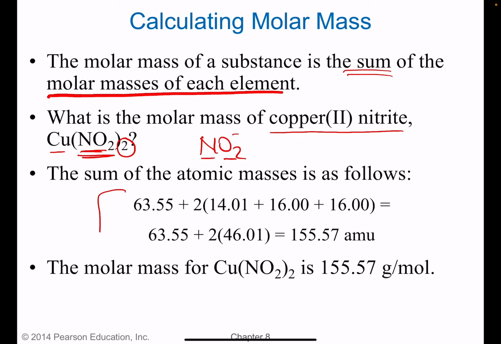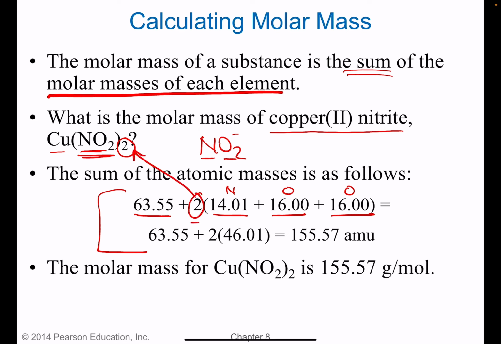So now all they're doing here is just adding up all of the atomic masses from the periodic table. So the 63.55, that is the atomic mass for copper. And then 14.01, 16, and 16 is for nitrogen, oxygen, and oxygen respectively. And then this 2 is referring to this 2 out here.